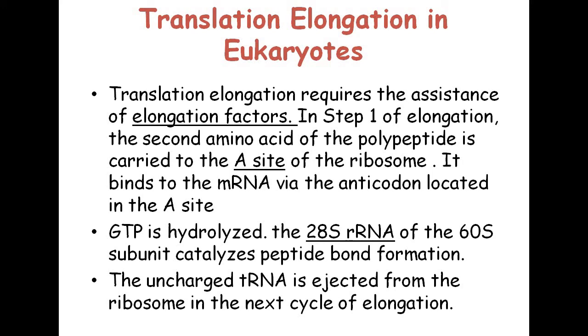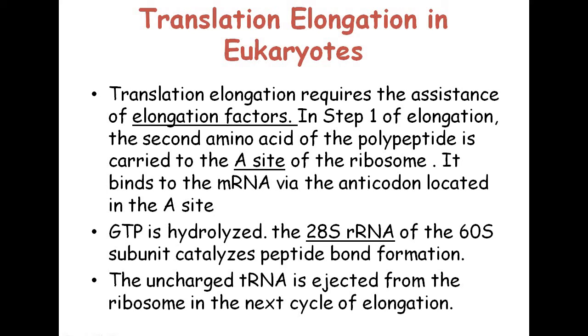After the attachment of another tRNA, the amino acid methionine and the new amino acid will form a peptide bond. Now, after peptide bond formation, there is translocation, and the peptide bond formation takes place by the 28S rRNA, which is formed from the 60S subunit.